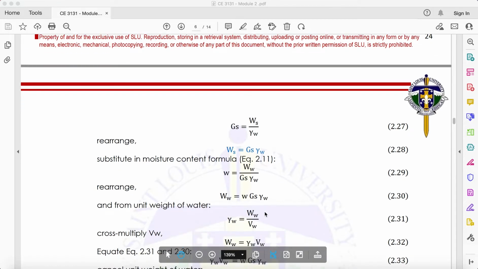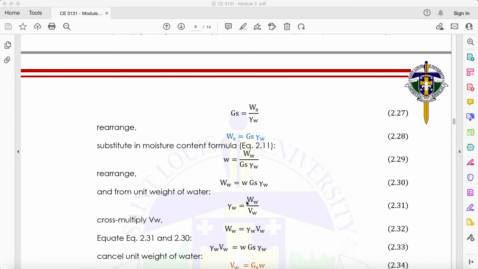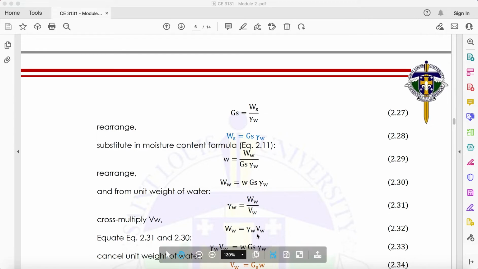And from the unit weight of water, we have the unit weight of water is equivalent to the weight of water divided by the volume of water. So if we simplify this, cross multiply, weight of water therefore is equivalent to the unit weight of water times the volume of water.